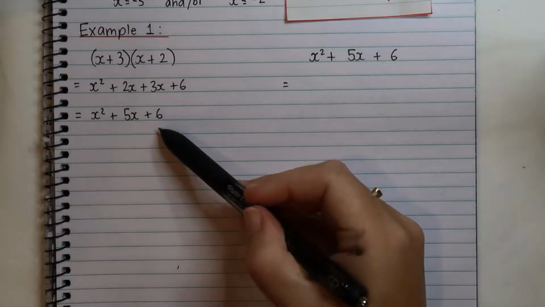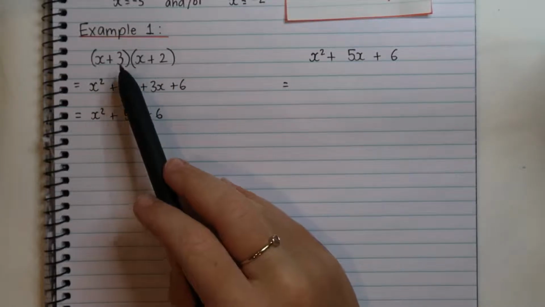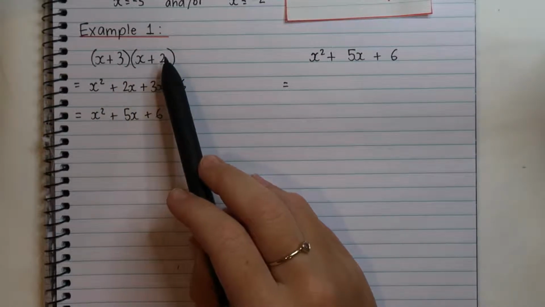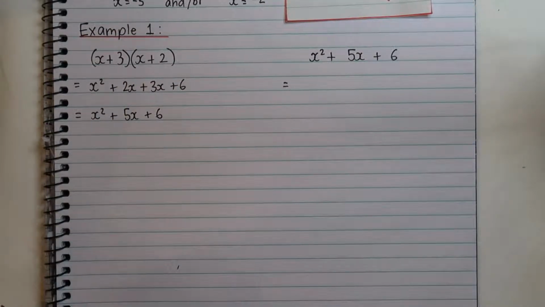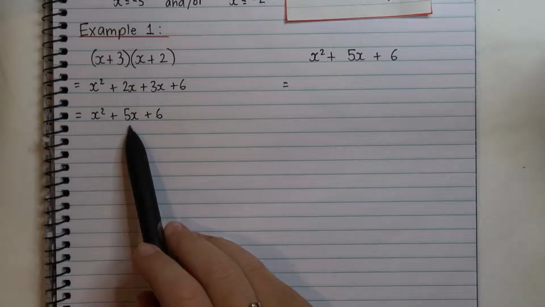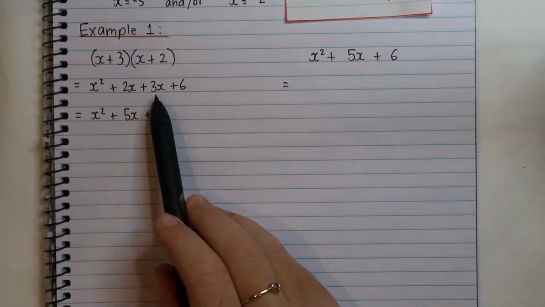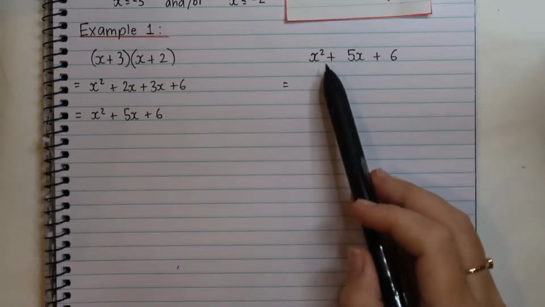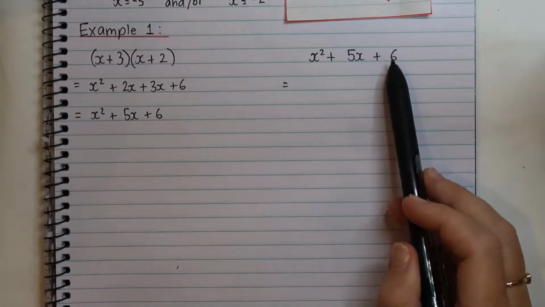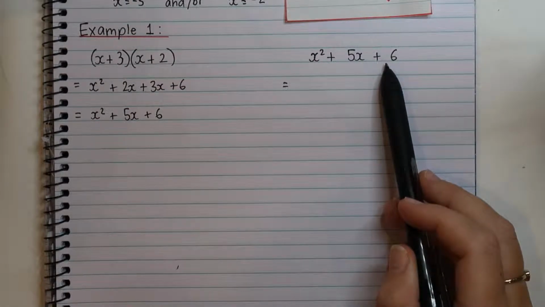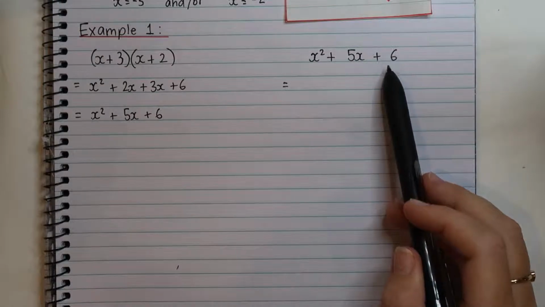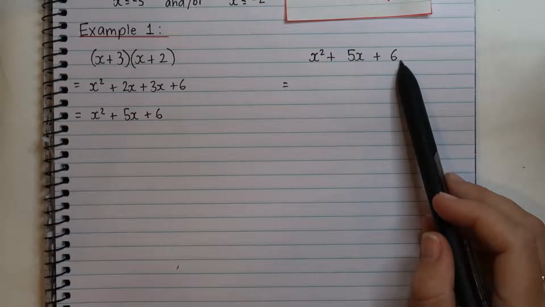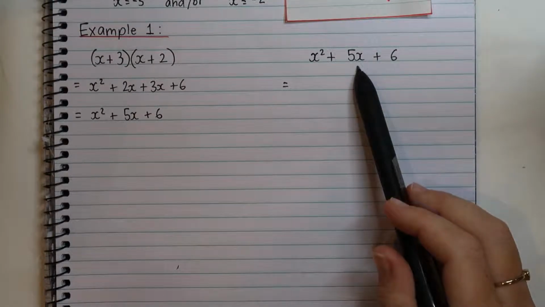Clearly the number 6 in the final answer comes from multiplying the numbers 3 and 2. This is an important observation. The term 5x comes from adding the terms 2x plus 3x. So if we were to begin with x squared plus 5x plus 6, we need to look for the two numbers which multiply to give 6 and add together to give 5.